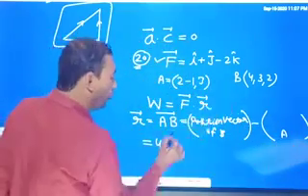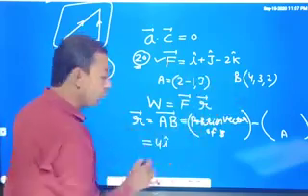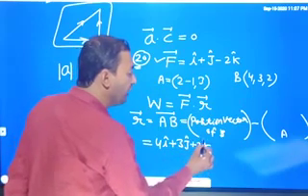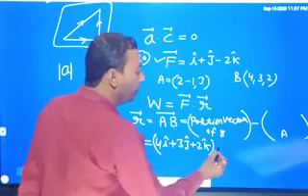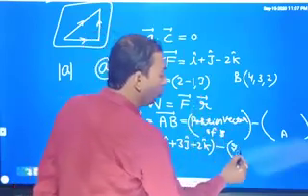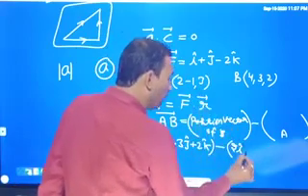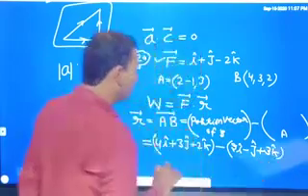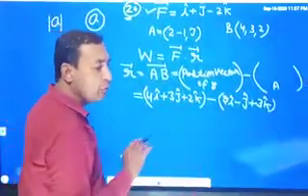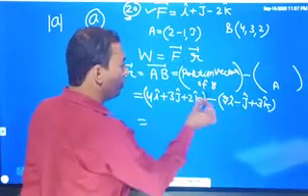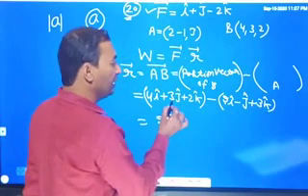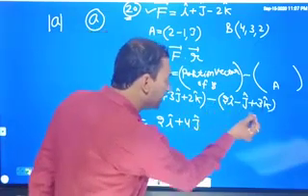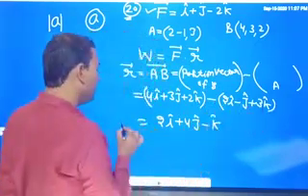Position vector of B is 4i cap, x ka coordinate kitna hai 4, to 4 ke saath i cap, 3j cap plus 2k cap. Okay, position vector of B minus position vector of A, 2i cap minus j cap plus 3k cap. This is displacement vector. When we solve it, we got displacement vector is 4 minus 2 means 2i cap, 3j cap minus minus plus means 4j cap, 2k cap minus 3k cap, minus k cap. This is r vector.